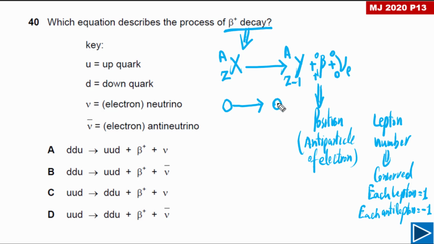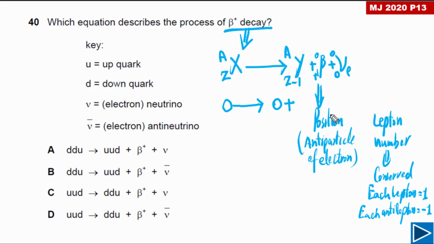In the lepton family, we have 3 particles: electron, muon, and tau, and we have 3 neutrinos: electron neutrino, muon neutrino, and tau neutrino. Those are members of the lepton family.